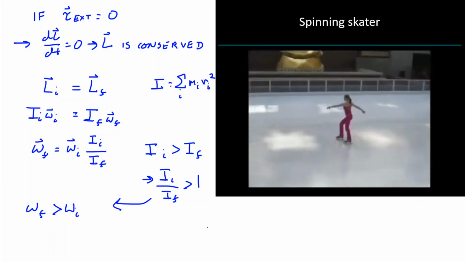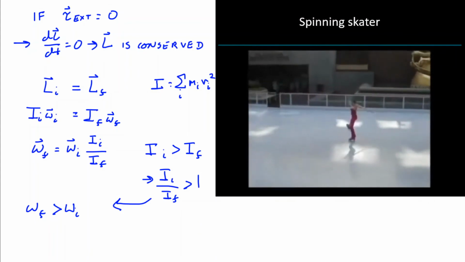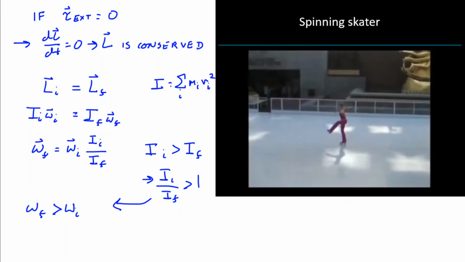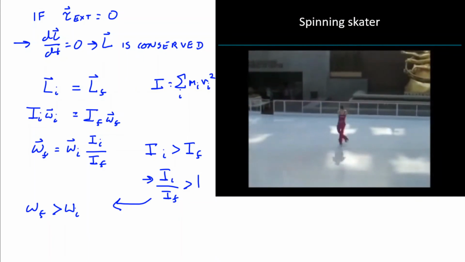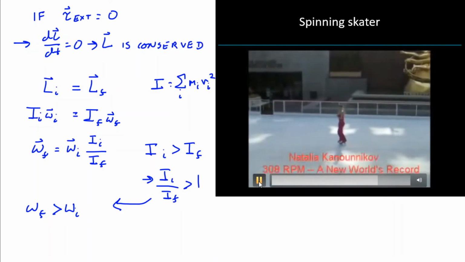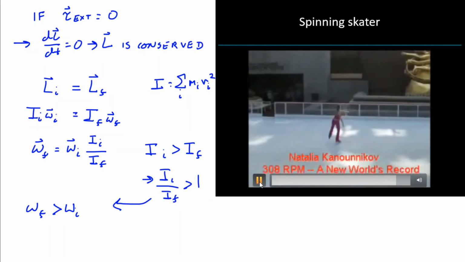So once again, spin, low angular velocity, big moment of inertia. Moment of inertia gets small, angular velocity gets big. That's the basic idea. So you'll have some homework problems where you put this idea into practice. You actually calculate how the angular velocity changes as you change the moment of inertia. But the concept here is quite simple.